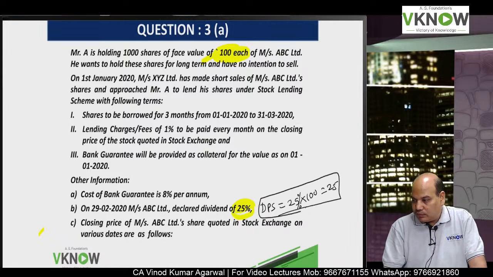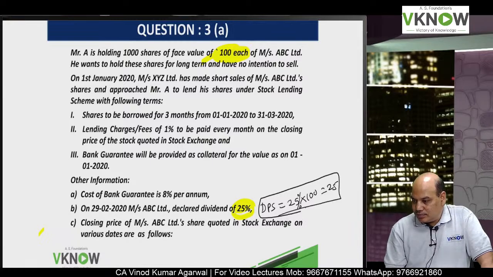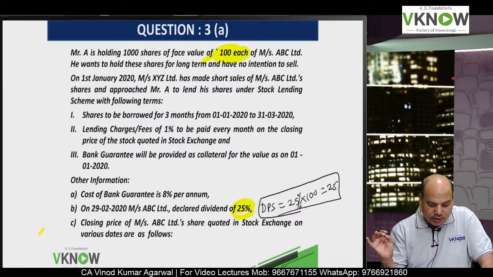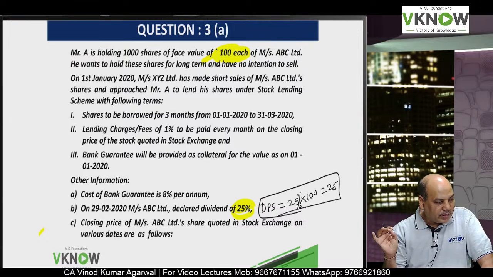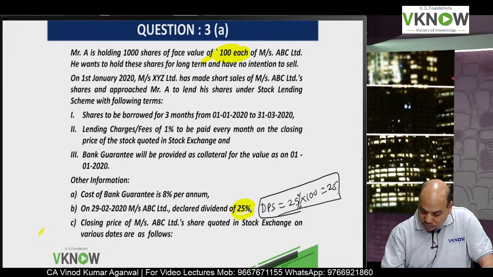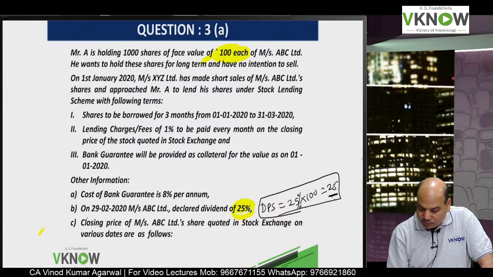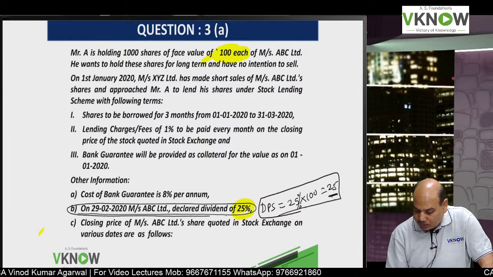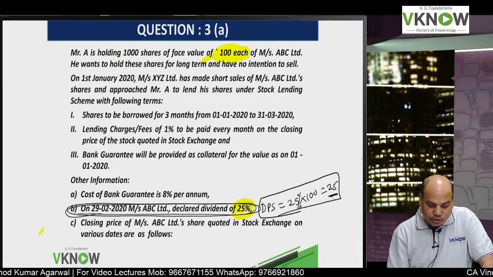Dividend will be compensated by XYZ to Mr. A, 25 rupees per share. The short seller will compensate for any dividend paid during this period to the stock lender.